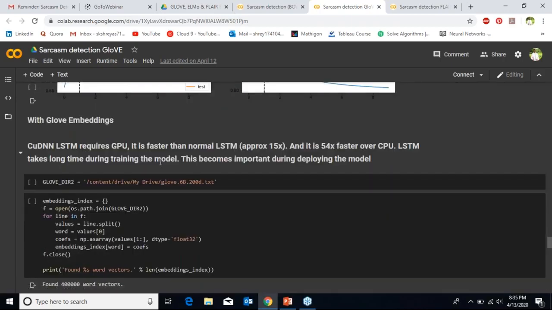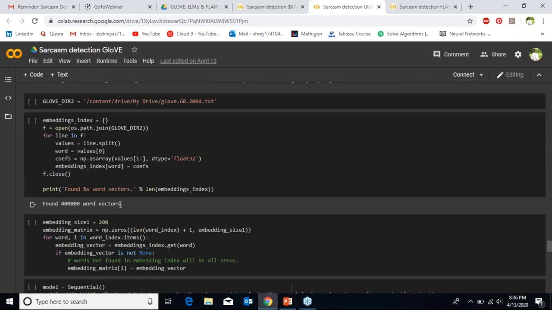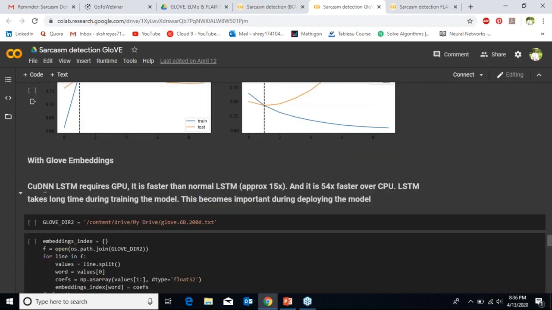So what is the enhancement that we can observe after using the GloVe embeddings? In the older versions, TensorFlow 1, the LSTM was represented as a CuDNN LSTM because these bidirectional LSTMs were being run on GPUs. This CuDNN is faster than a normal LSTM, approximately 15 times, and 54 times faster over CPU.